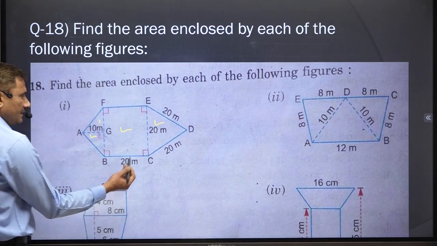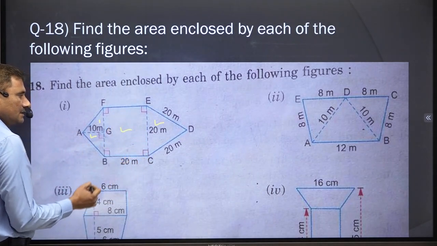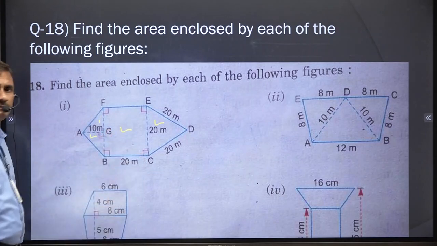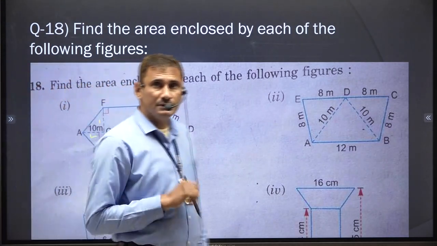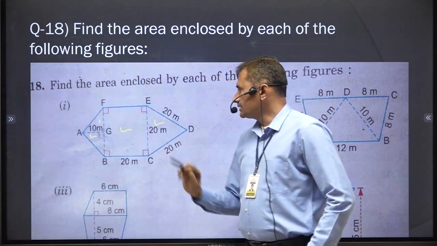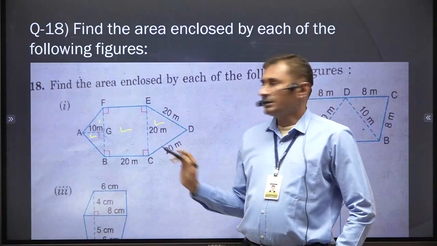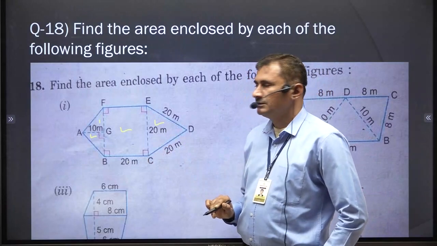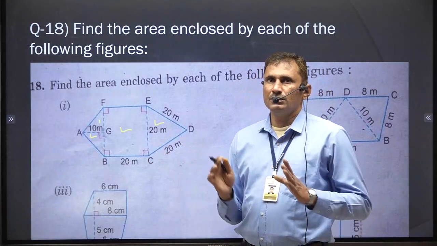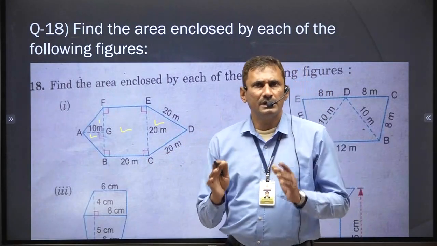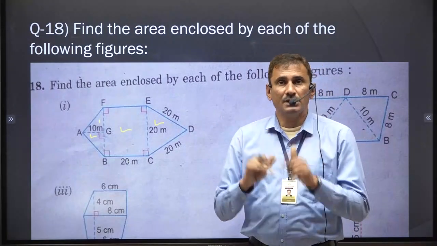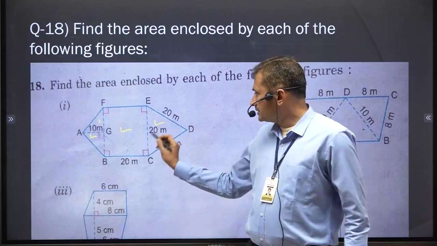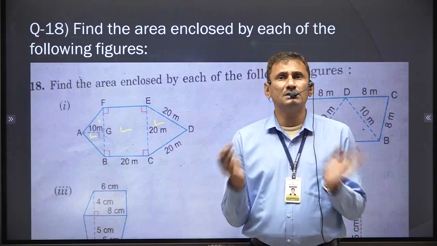Now here is 20 and 20. All angles are right angles, so obviously it is a square. Why? Because all angles are right angles and adjacent sides are equal. I told you if all angles are right angles, then obviously it will be a rectangle. But in a rectangle, if adjacent sides are equal, then automatically all sides are equal.